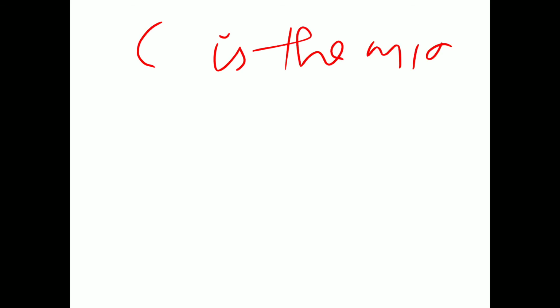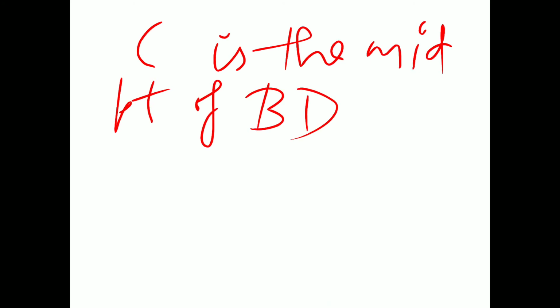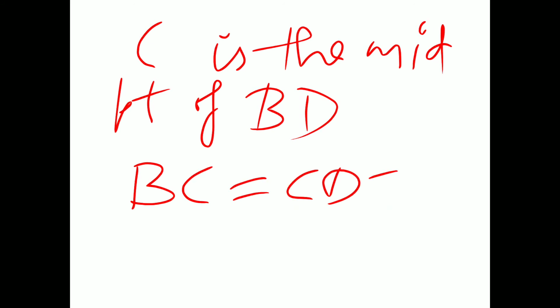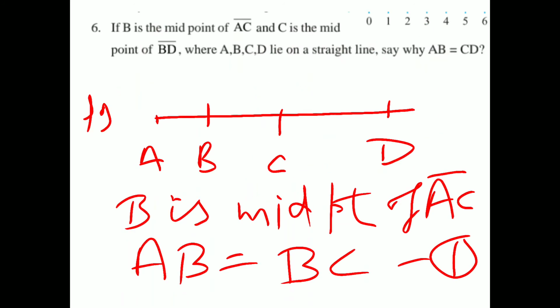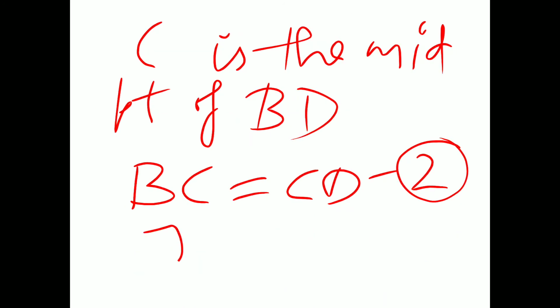Then they say C is the midpoint of BD. So it means BC is equal to CD. Give it second point.